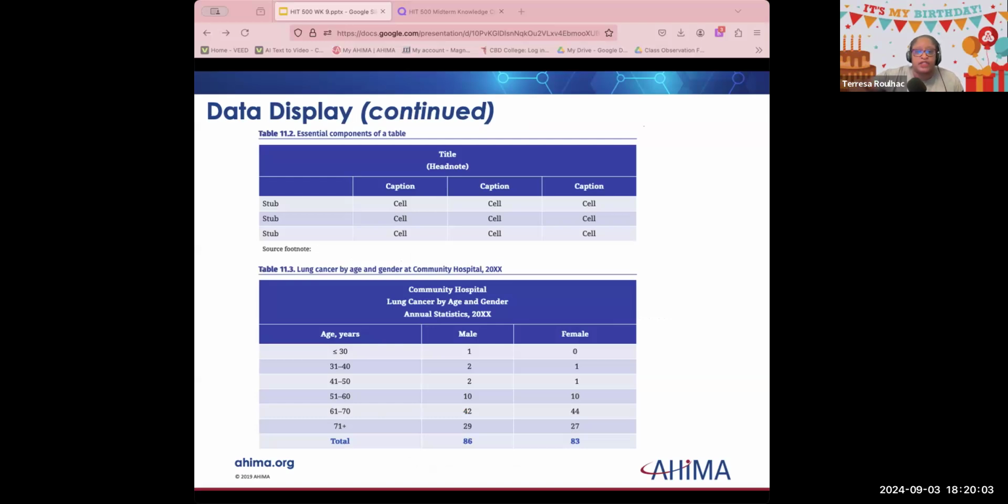Table 11.2 illustrates the essential components of the table. Table 11.3 shows a sample table with the components now completed. So you kind of see your draft, your template, and now you see, so this is what it looks like. This is what goes into it.